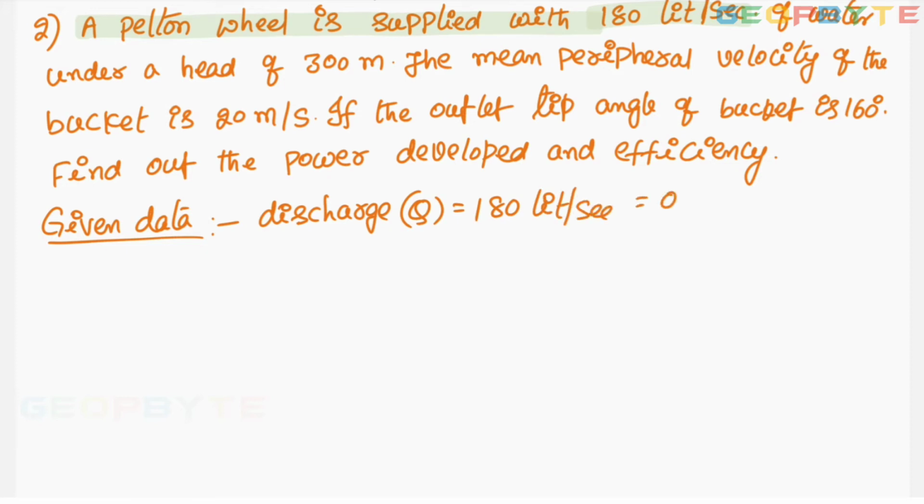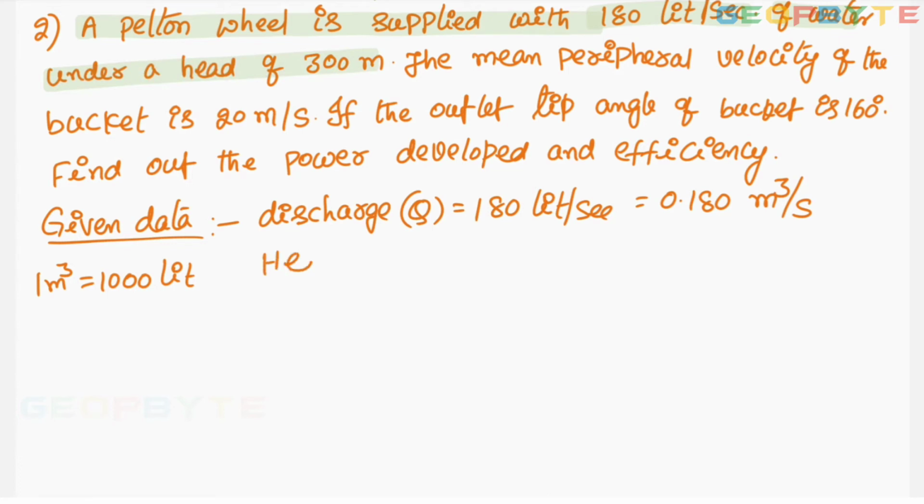It is equal to 0.180 meter cube per second, because 1 meter cube equal to 1000 liters of water under a head of 300 meters.